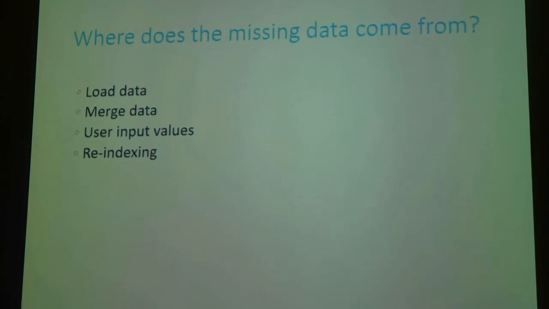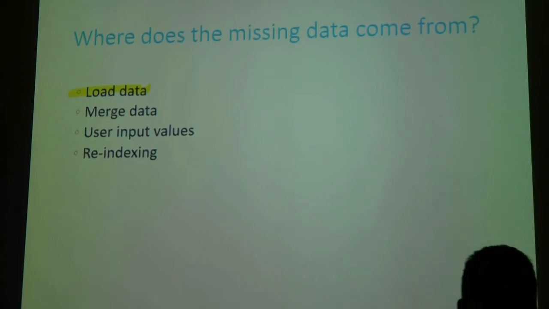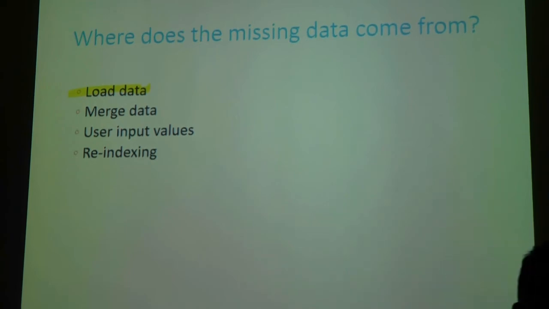Anyways. So where does missing data come from? Why do we have missing data? You could have four reasons to get missing data, and I think you agree on that. The first one, when you load the data. You have a comma separated file, it has missing data, so the data you collected has missing data, right? Or you could get it when you merge data.